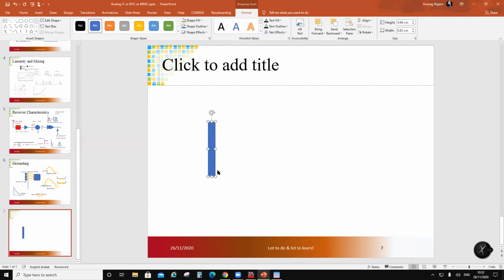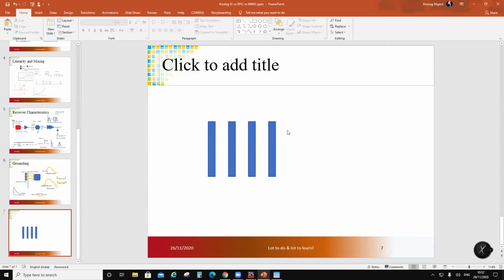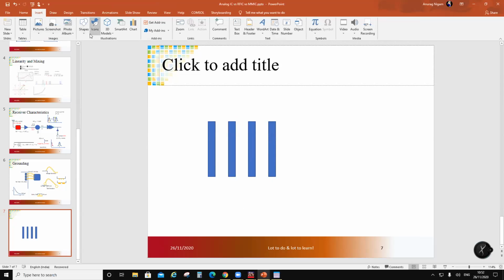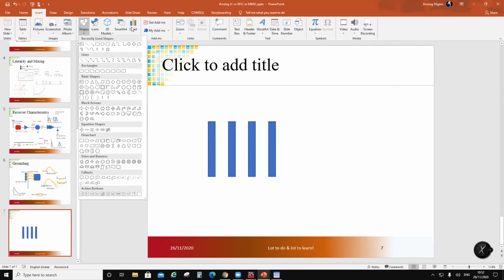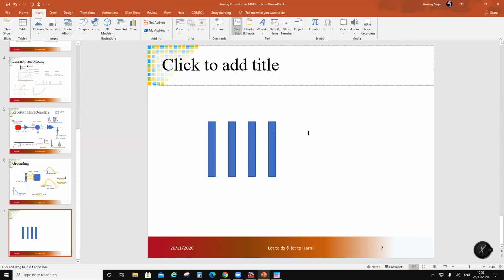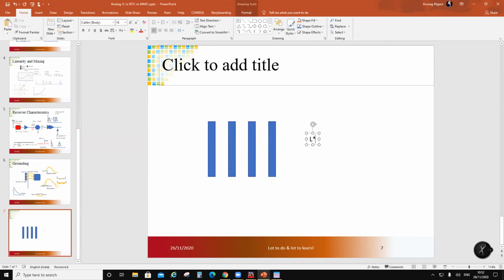We had this HBT with these emitter fingers like this. There are lots of them like this. So emitter fingers, basically we are talking about emitter periphery. Let's say we have a 3000 micrometer square emitter area. That was basically length into width into number of fingers.